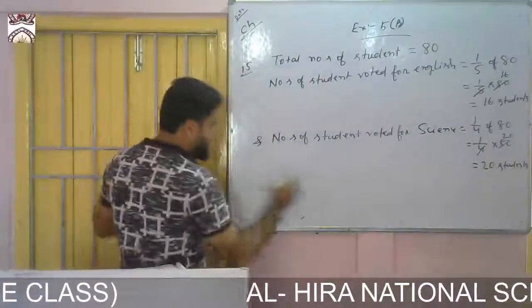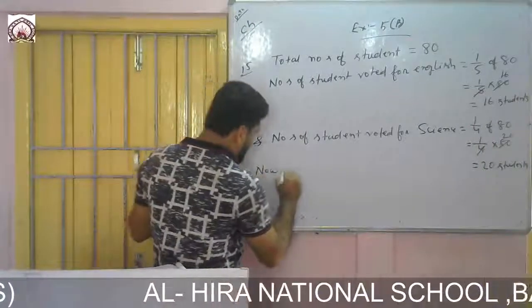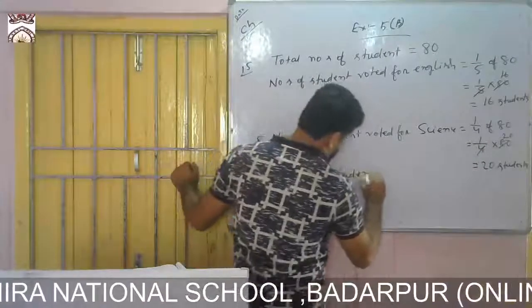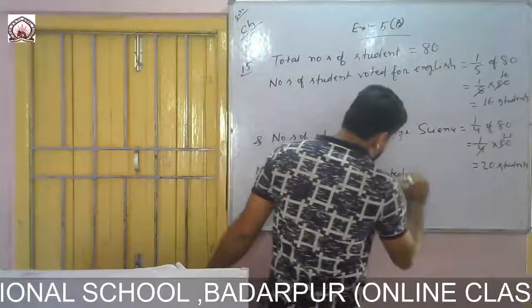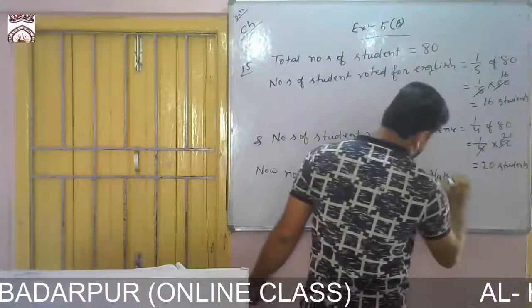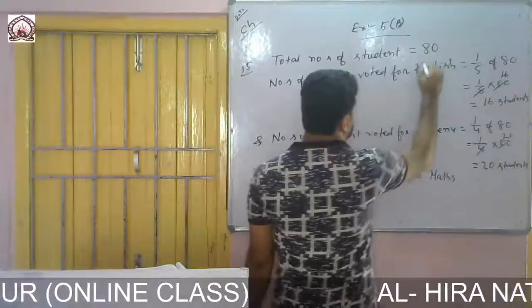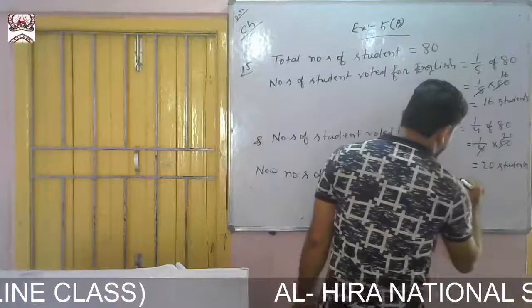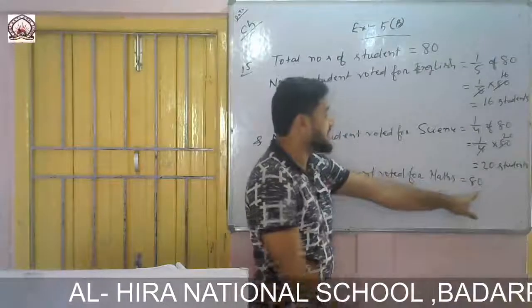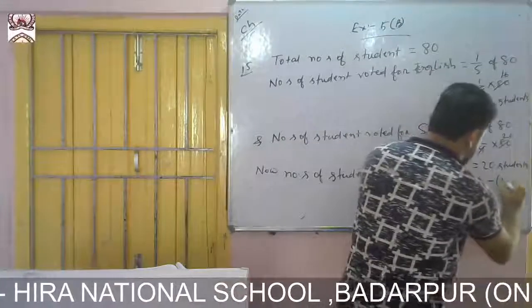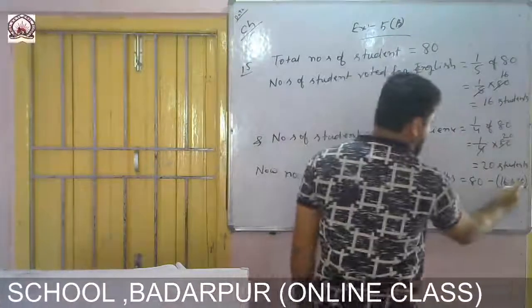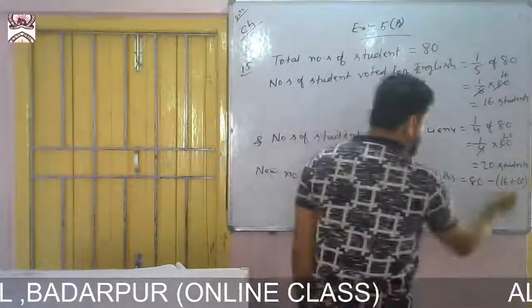So write, number of students voted for maths equals total students minus the sum of these two, 16 plus 20, which is 36.